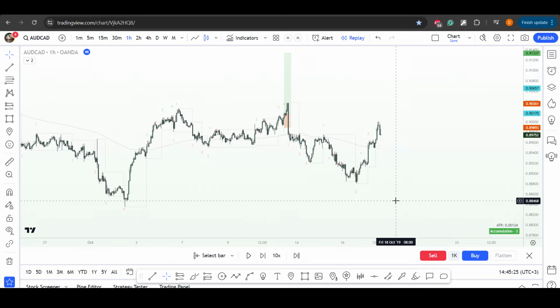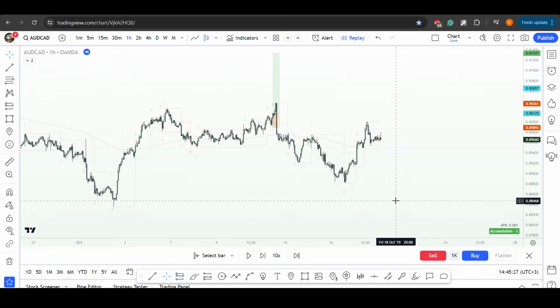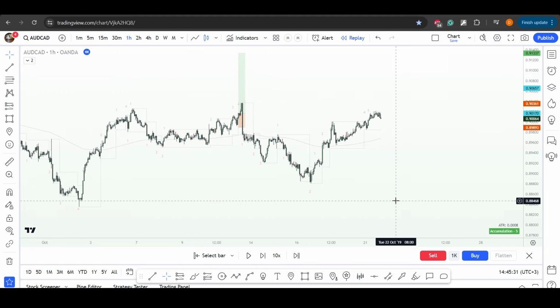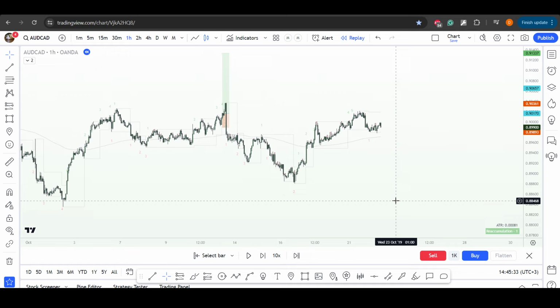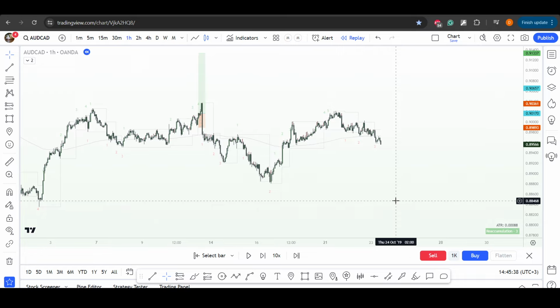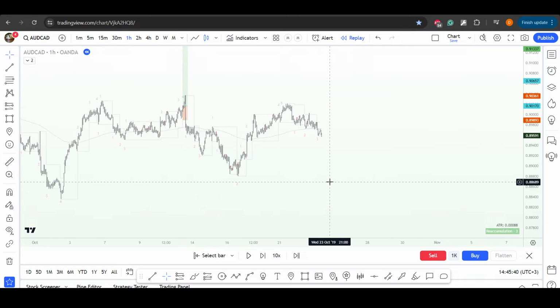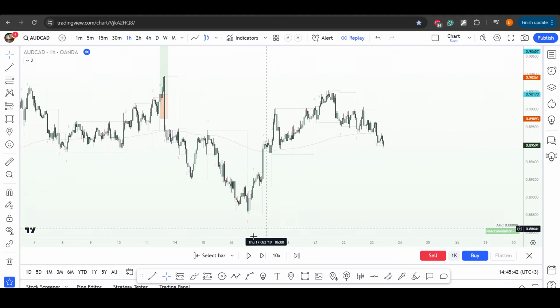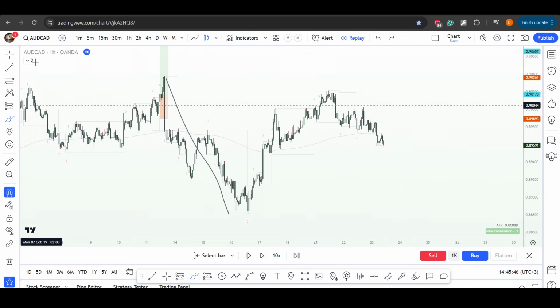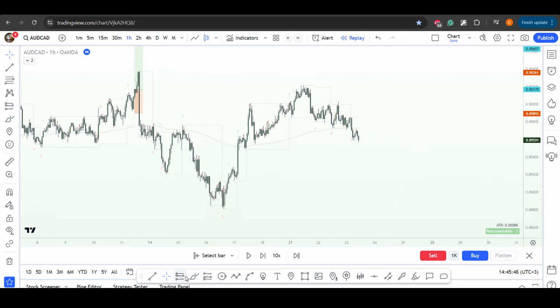But we don't have a trigger here. Okay, so we have this move, this zone, and a start of a move to the downside. So let's try to join it.